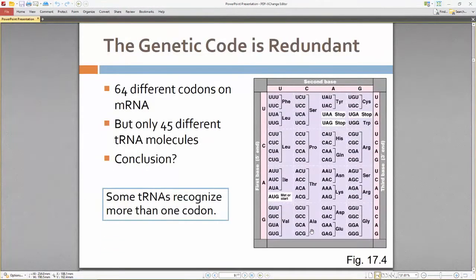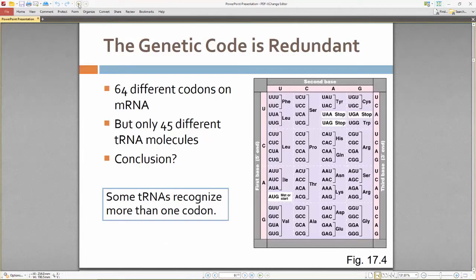Alright, so there are 64 different codons on mRNA, which you already knew, 20 amino acids, which we already learned, but there are also only 45 different tRNA molecules. So what does that mean?